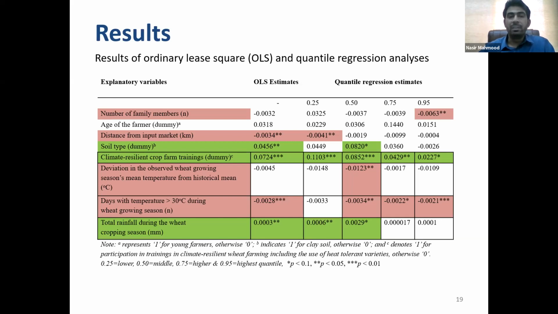These clay soils have highest soil moisture retention capacity as compared to sandy loam or sandy soil. That's why this variable showed a positive impact on the economic efficiency of the rain-fed wheat farmers.